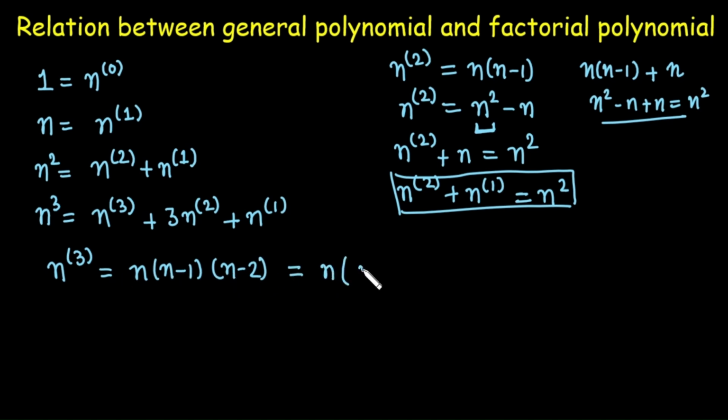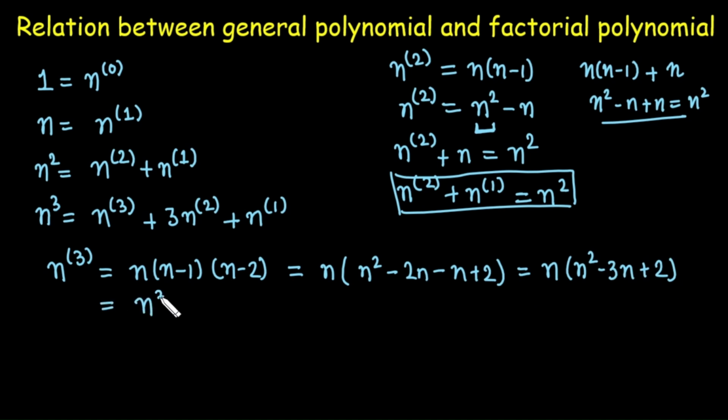This is n square minus 2n minus n plus 2. This is equal to n into n square minus 3n plus 2. Further multiply this, we have n cube minus 3n square plus 2n.